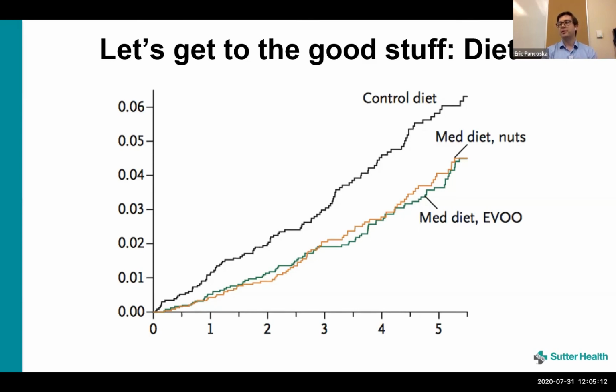But based on the control diet and the Mediterranean diet, there was a definite decreased risk over a 5-year period. I'm sorry that wasn't initially understood when I presented the slide. Oh, thank you, Eric.